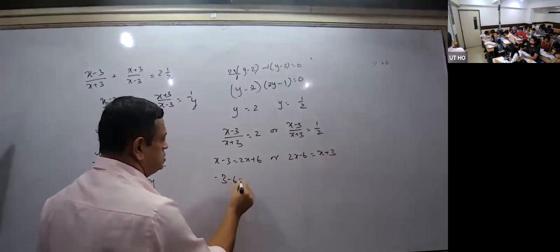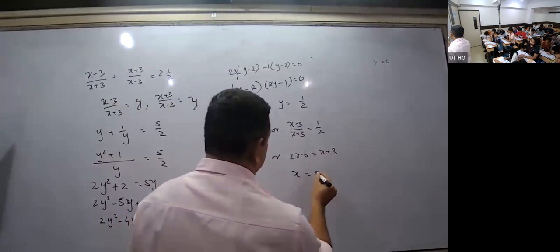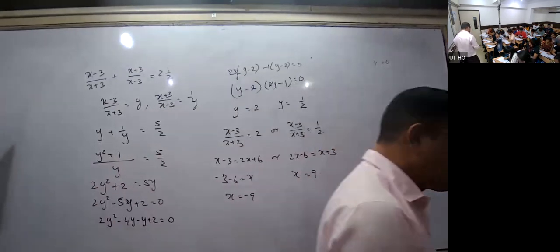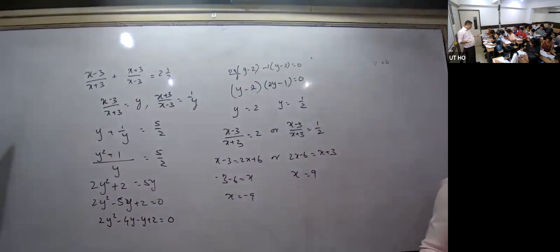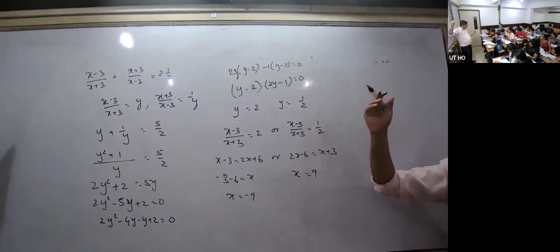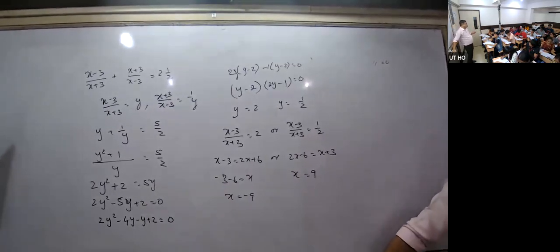Minus 3 minus 6, x is equal to minus 9, and x is equal to plus 9. Those done by taking the LCM also, the same answer should come. Some of you must have taken the LCM and did it, no problem. If you did it by LCM, you must have got x square minus 81 equal to 0.